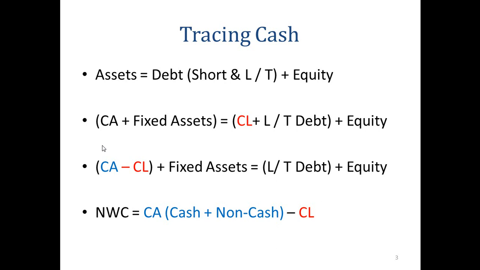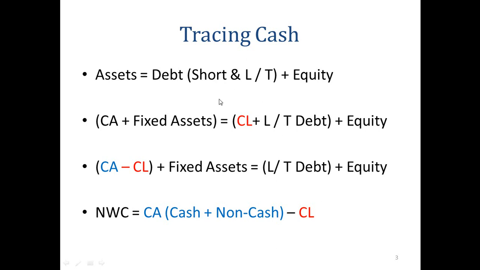So the way I put this together is I want to look at the big overall statement, which is assets equals liabilities plus owner's equity. Now I'm drafting that in this way. Assets is debt, which includes short-term and long-term, plus equity.